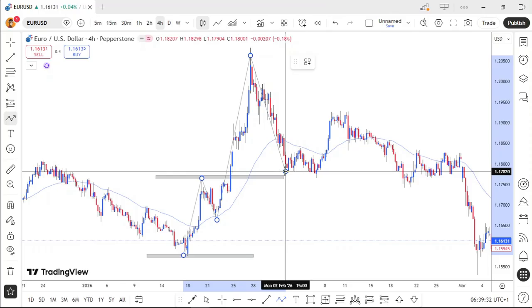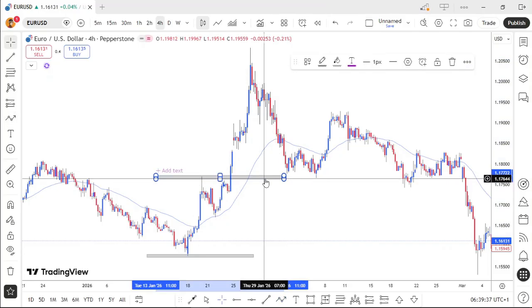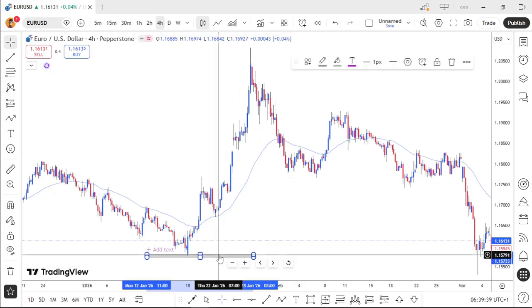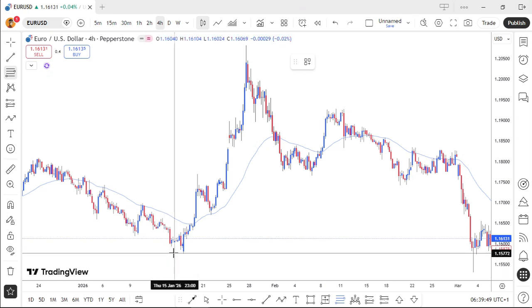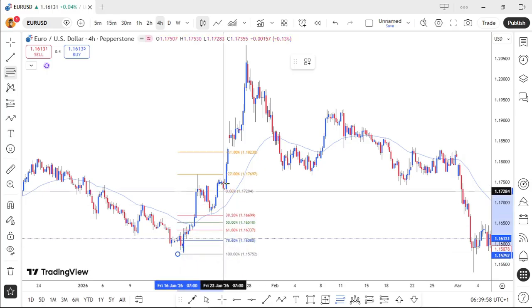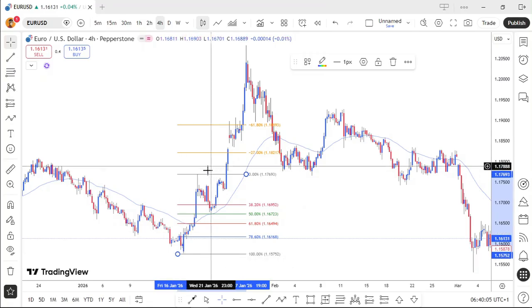So if you want to catch the potential Fibonacci retracement level, you identify your swing low and you identify your swing high. Then draw the Fibonacci from the low to the high. Remember, I said this is a swing low and this is a swing high.